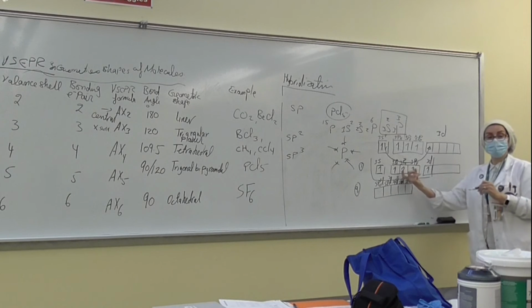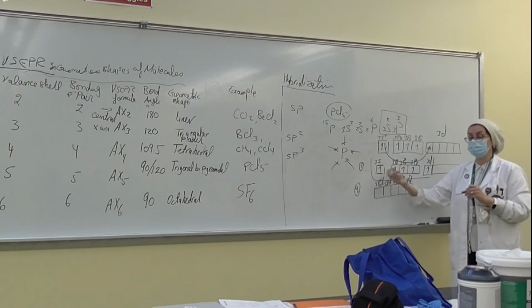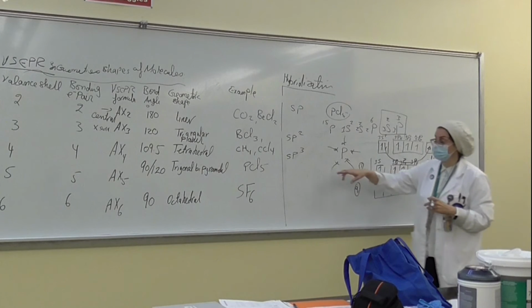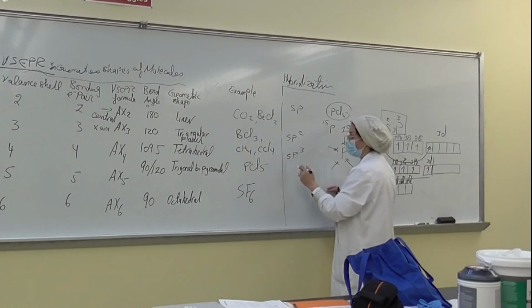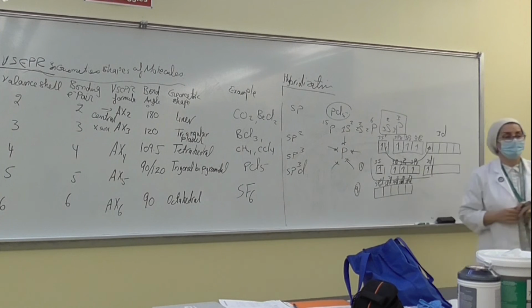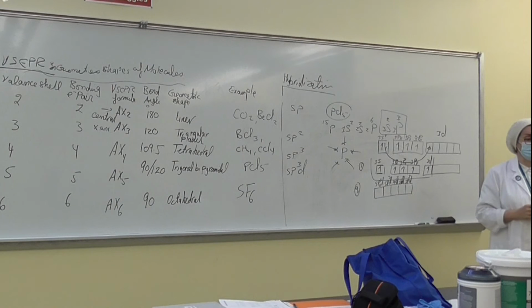So we have 3 from P orbital, 1 from S, and 1 from D. That's why the hybridization for PCl5 is SP3D, that's where the hybridization or orbital is coming from, okay?